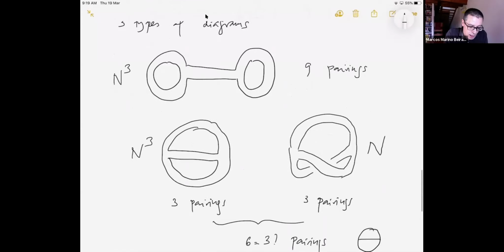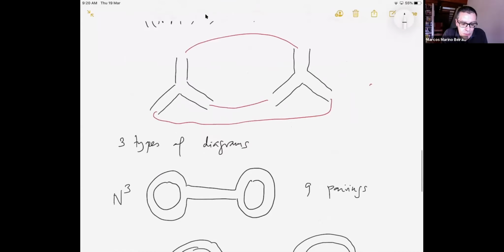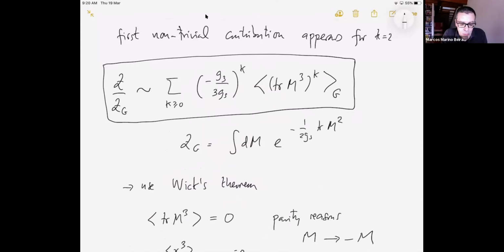Of course, we could keep doing this type of calculation for higher powers of G3 here. If you keep more powers of G3, we will have to consider more vertices and you will have more diagrams.